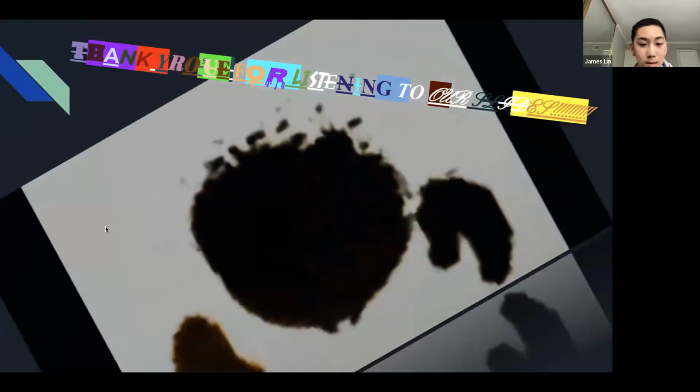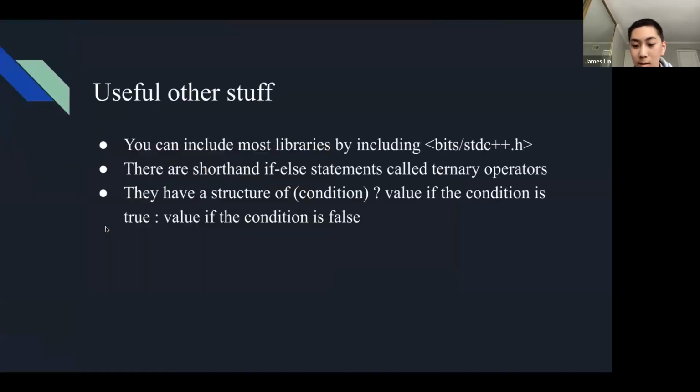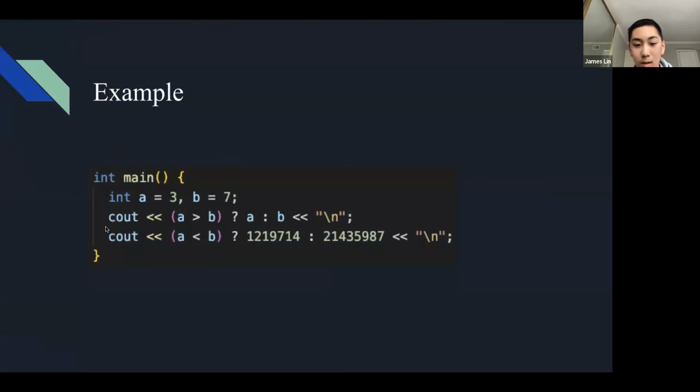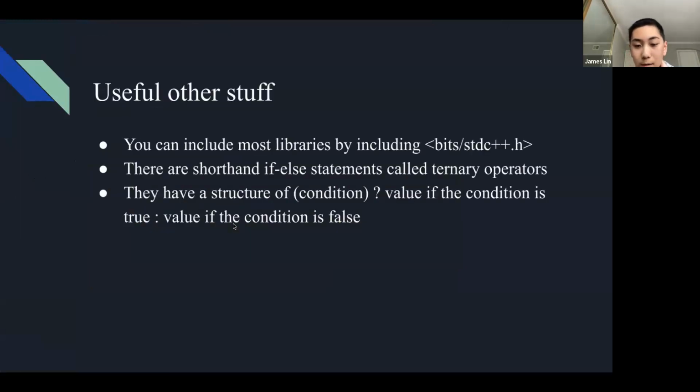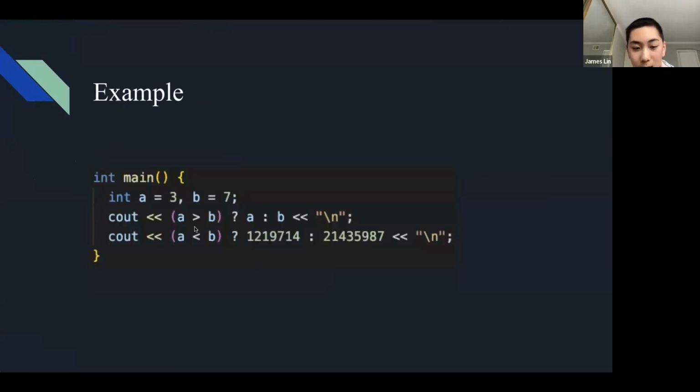Wait, my bad. That's the wrong slide. How do I? Oh, the question mark. Basically, it's just the notation for it. First is a condition, then a question mark, then the value if the condition is true, the one you want, and then a colon, and the value if it's not true.